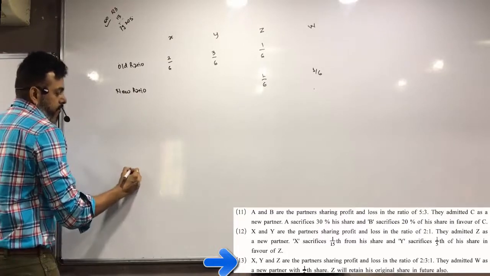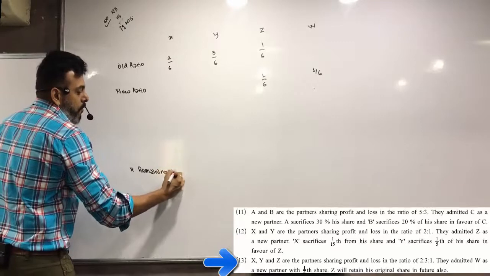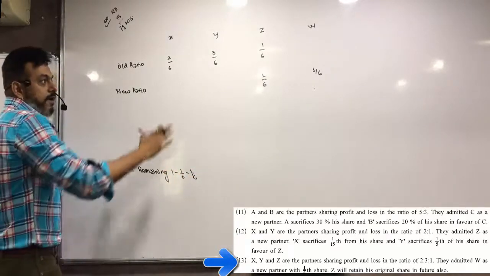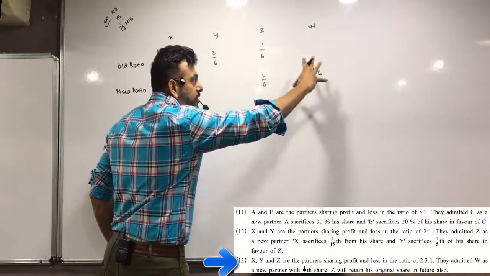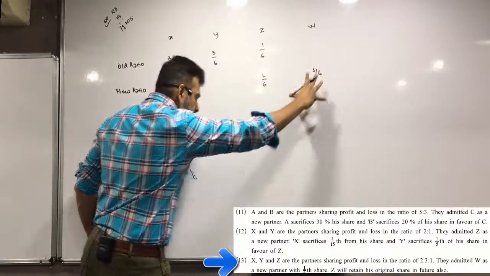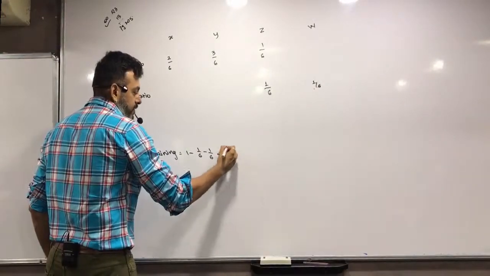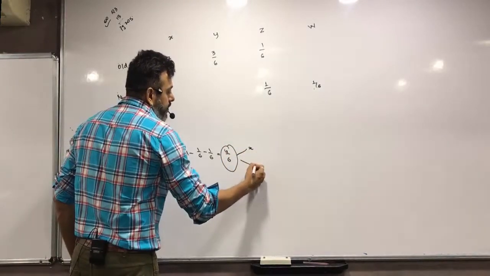Remaining is 1 minus 1/6 minus 1/6. Out of total profit, 1/6 goes to Z, another 1/6 goes to W. So what is left is 4/6. This 4/6 belongs to X and Y.